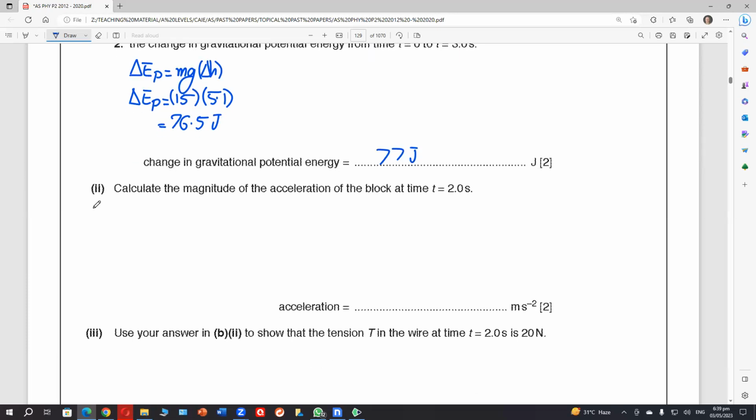Calculate the magnitude of the acceleration of the block at time t equal to 2. But how will I use this formula? I don't have the resultant force. Will it be the gradient?